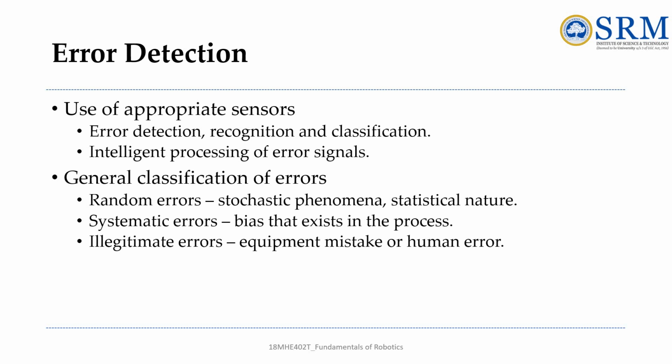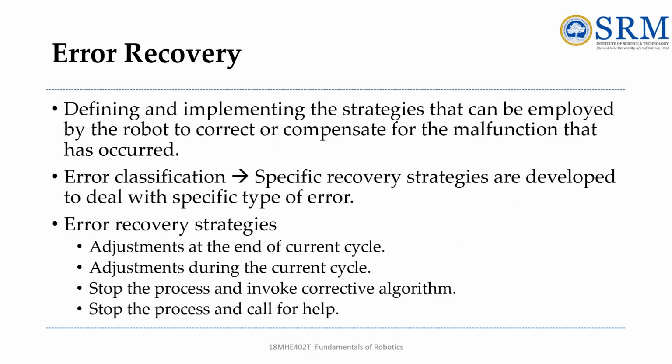For this, appropriate sensors will detect the error, recognize and classify it, and also recover from it. The general classification of errors includes random errors, systematic errors, and illegitimate errors. Specific recovery strategies are developed to deal with the specific type of error.